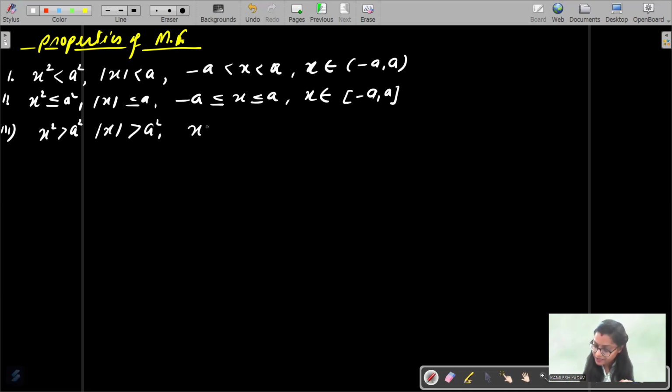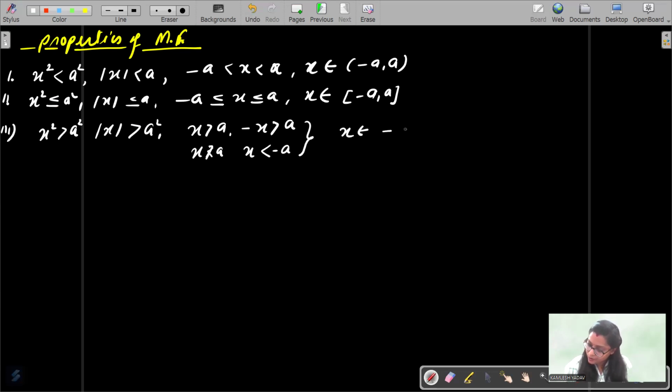So here we see x > a and also -x > a. So here we write x > a and x < -a. So it can be written as x belongs to (-infinity, -a) union (a, infinity), in open intervals.